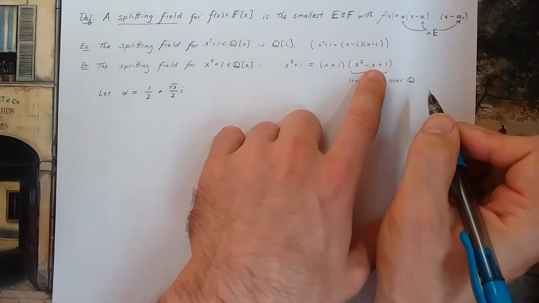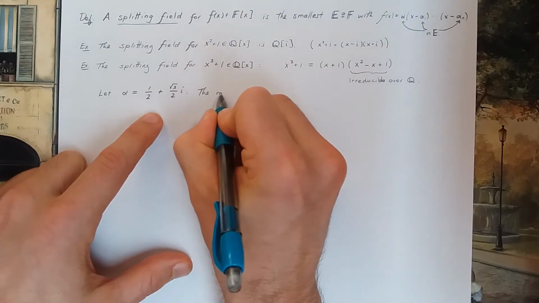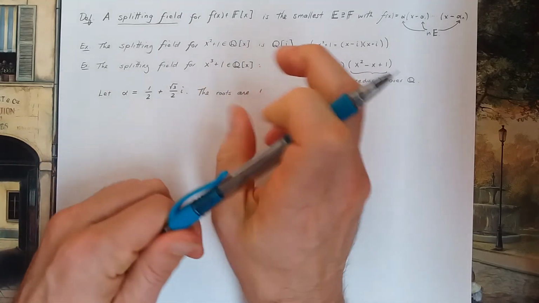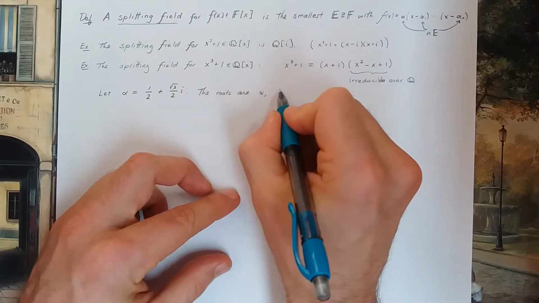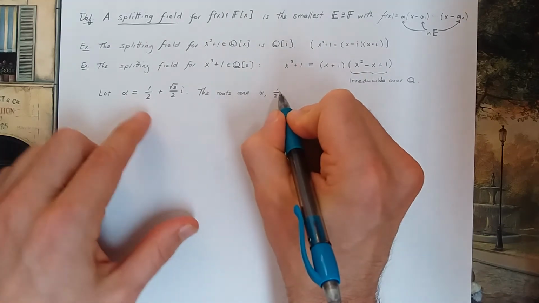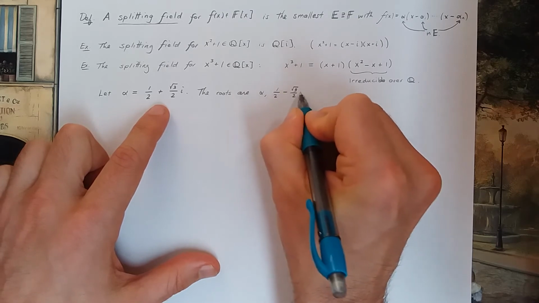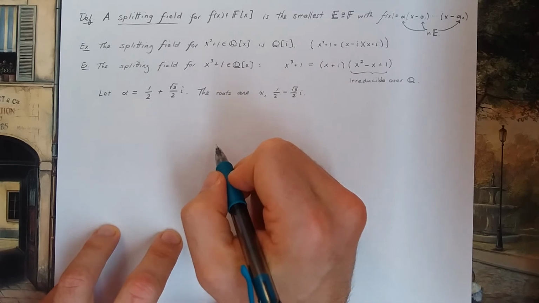The roots of this polynomial are alpha and the other complex number, 1/2 minus the square root of 3 over 2 i. You can get this using the quadratic formula.